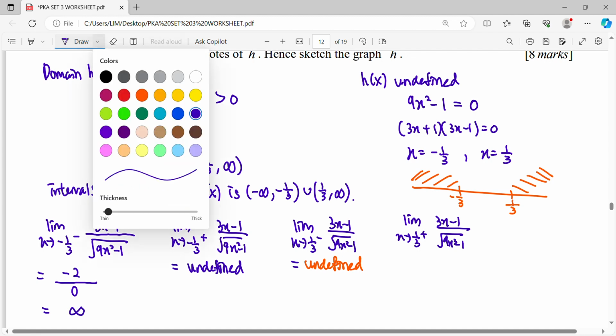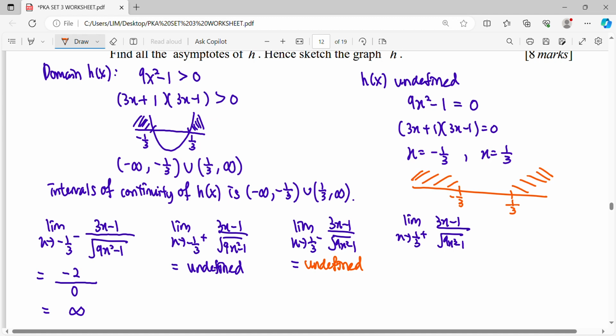Positively or negatively? We test with x from left hand side. So negative 0.33, left hand side, a bit left hand side. So negative 0.334.